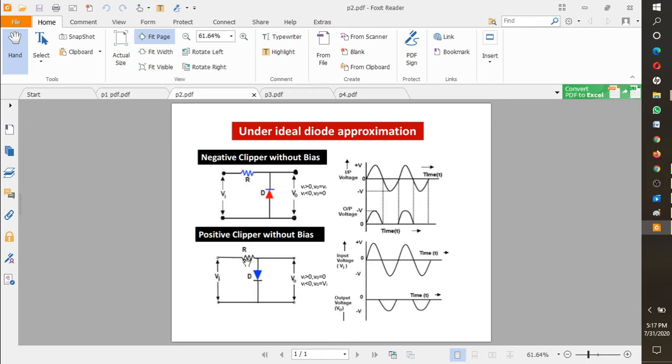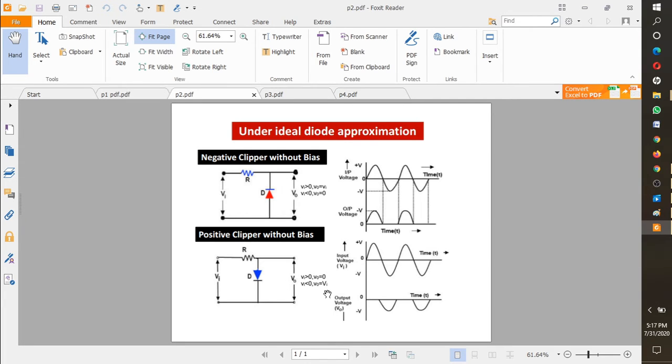Now this is the figure for a positive clipper without bias. Why positive clipper? Because output shows no positive half cycles. In this case, for Vi greater than 0, the diode is forward biased and under ideal diode approximation the output will be short circuited, so output will be equal to 0.